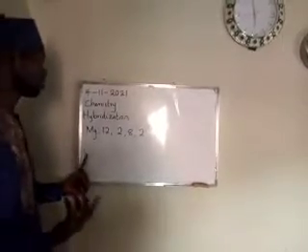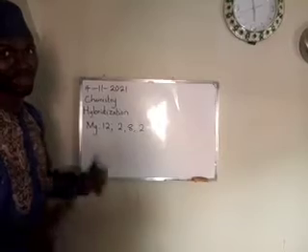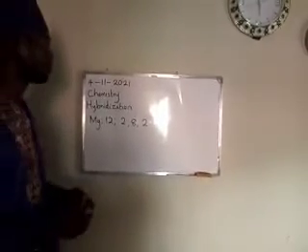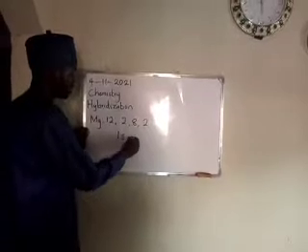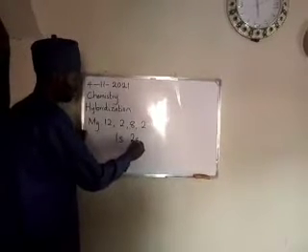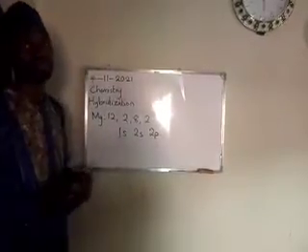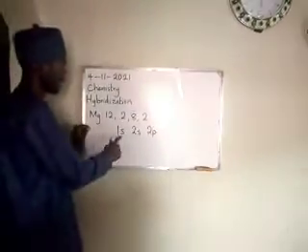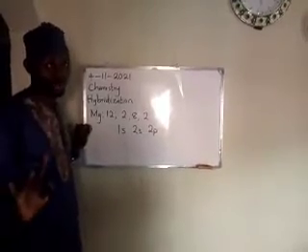Now, the next thing you are going to do is to state the orbital configuration. What did I say? Orbital configuration. And that is to say 1s, 2s, 2p. Now, the 1s can accommodate a maximum of 2 electrons.